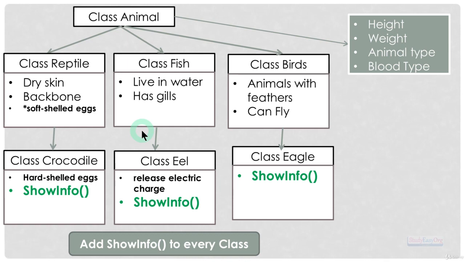Now friends, there are different types of inheritance, different things which we need to do. For example, when it comes to crocodile, it will inherit from reptile, but definitely there is an exception. We need to override the egg type. Then we have the fish type, where we will override and add an additional property for eel, which is the release of electric charge. And when it comes to the eagle class, we need not do anything.